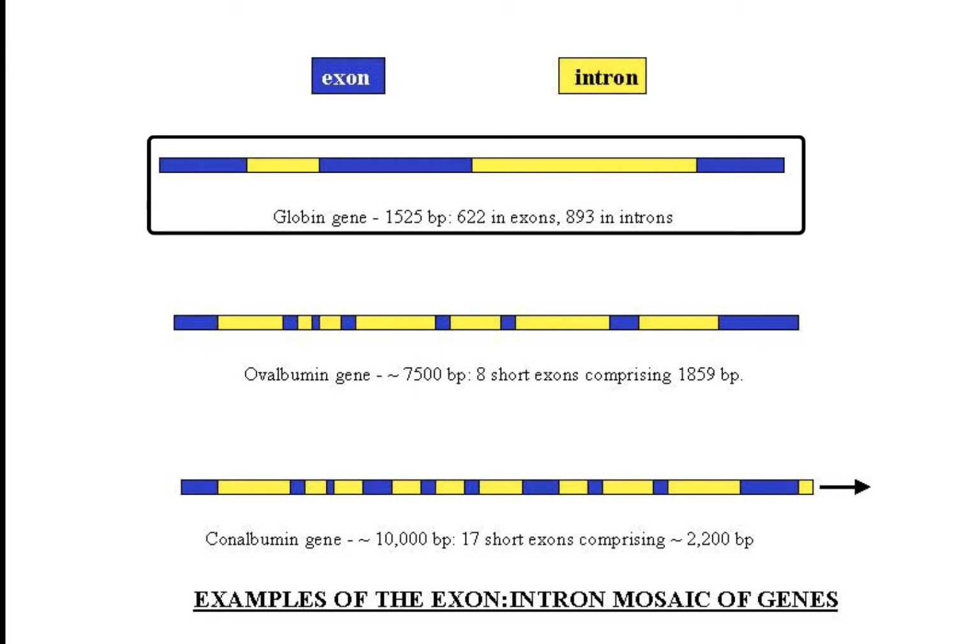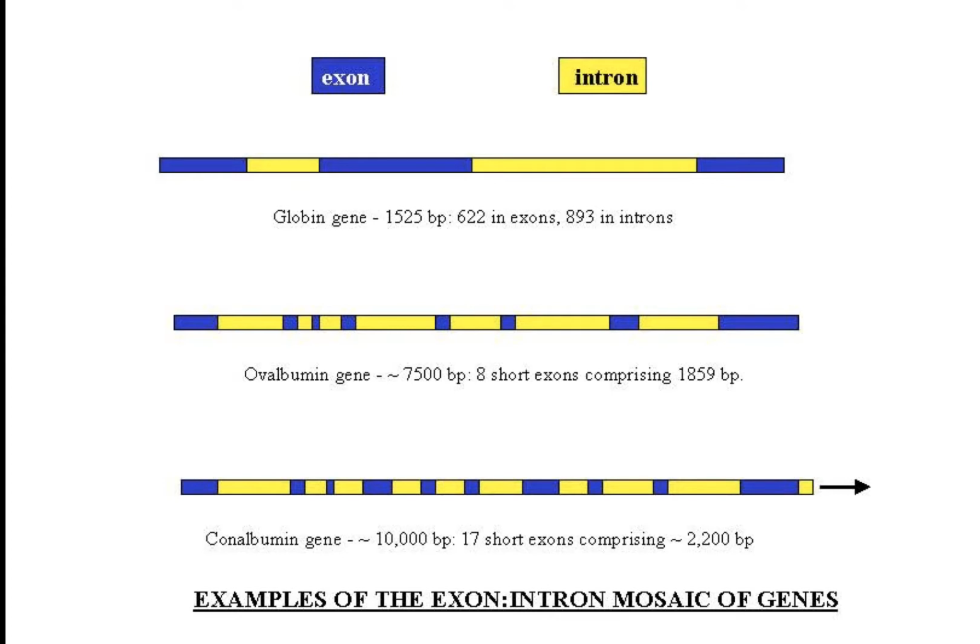So, for instance, the globin gene is about 1,525 base pairs in length, with 622 of those in the exons and 893 in the introns. And most of the time this is the case where the introns are actually larger than the exon portions. One of the largest ones is the one for dystrophin, the gene and protein that go bad in muscular dystrophy.